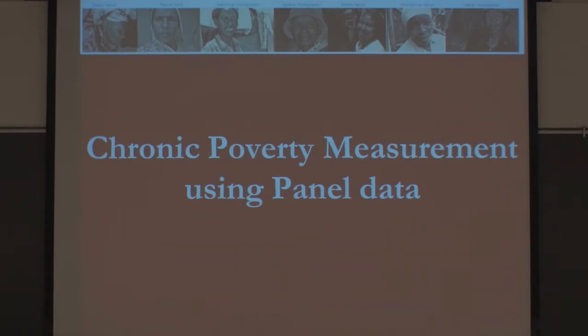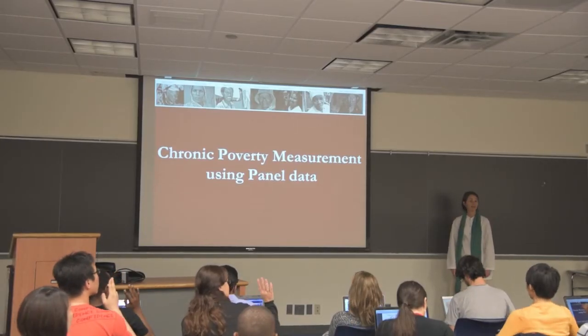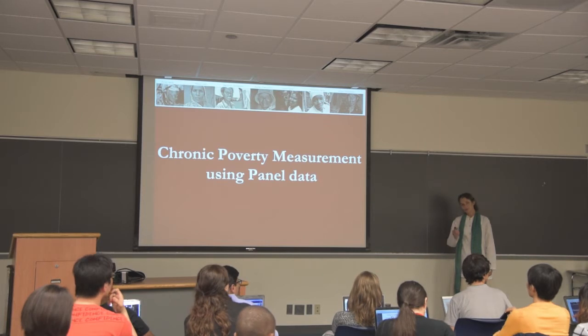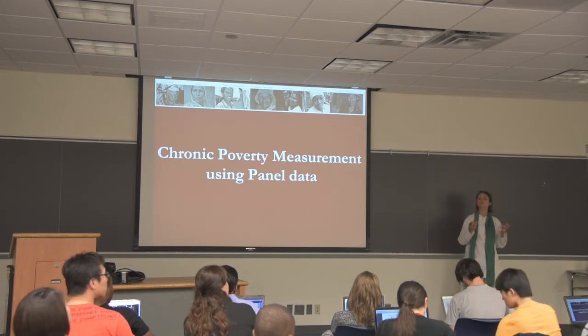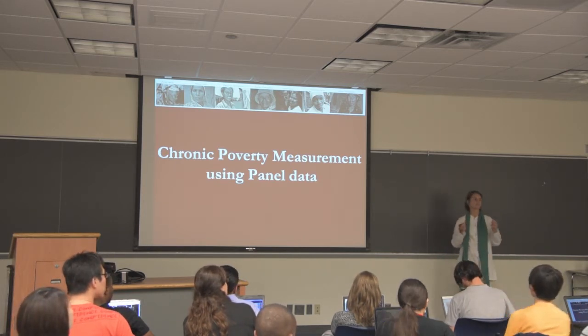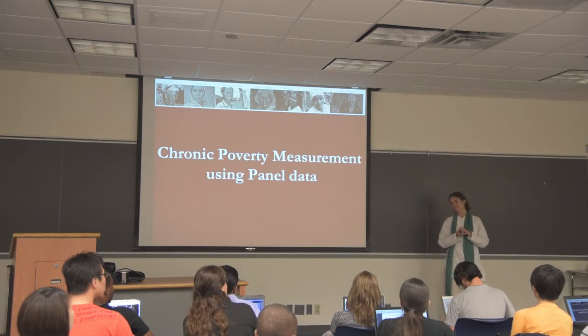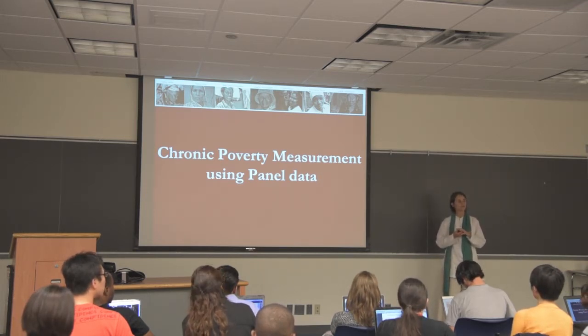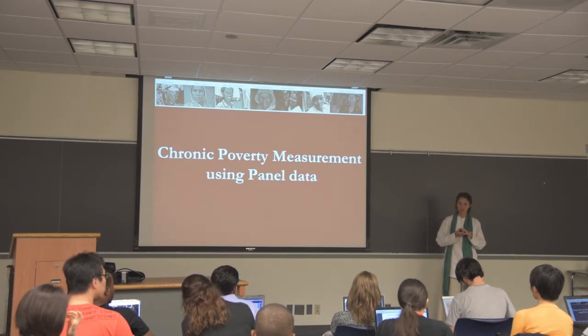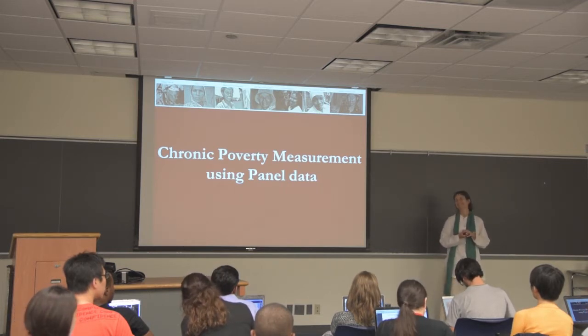You remember something. So how many of you are working on panel data? Okay. So what I'm going to do is present 2 ways of analyzing multidimensional poverty using panel data. The first is to build a chronic multidimensional poverty measure.